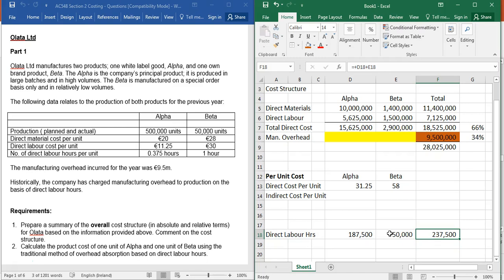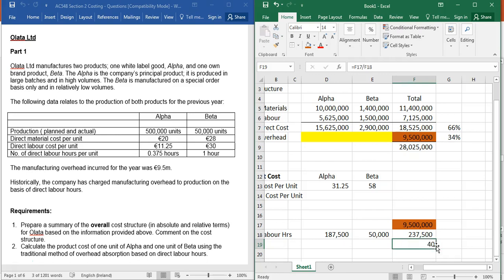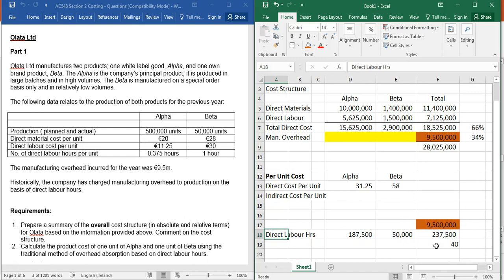So we had 237,500 labor hours, and we need to allocate the 9.5 million over that. So you're saying for every hour worked, you'll have to allocate 40 euro. So when you allocate the full 237,500, you'll have allocated all the overhead. And that's what you want to have at the end of the year. So there's a number of ways you can do this.